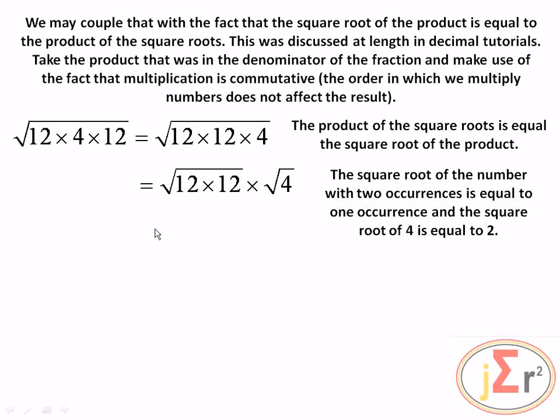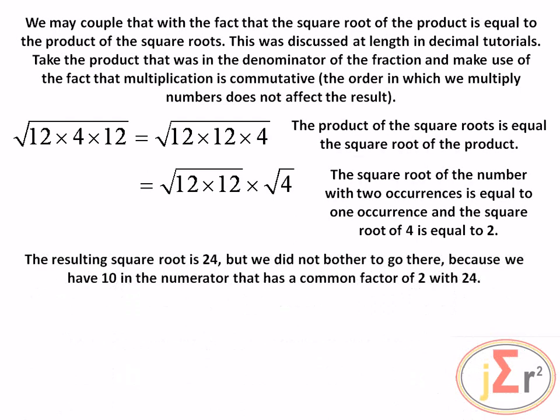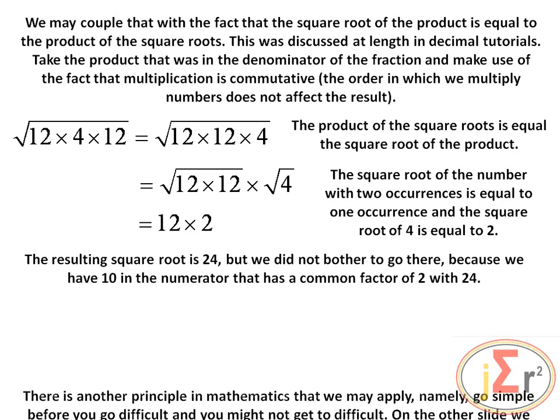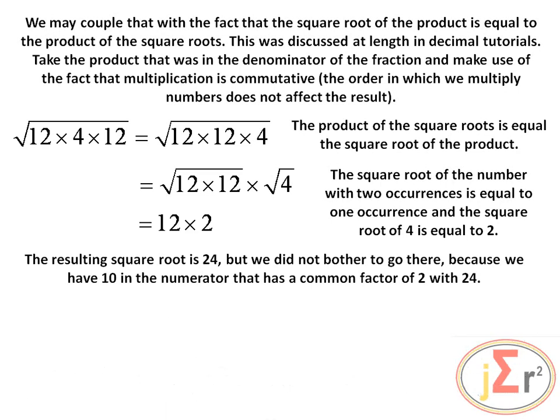Therefore, the square root of 12 times 12 is 12, and we know already that the number that we square to give 4 is 2. The resulting square root is 24, but we did not bother to go there because we have 10 in the numerator that has a common factor of 2 with 24. So we have 12 times 2, and that is equal to 24.